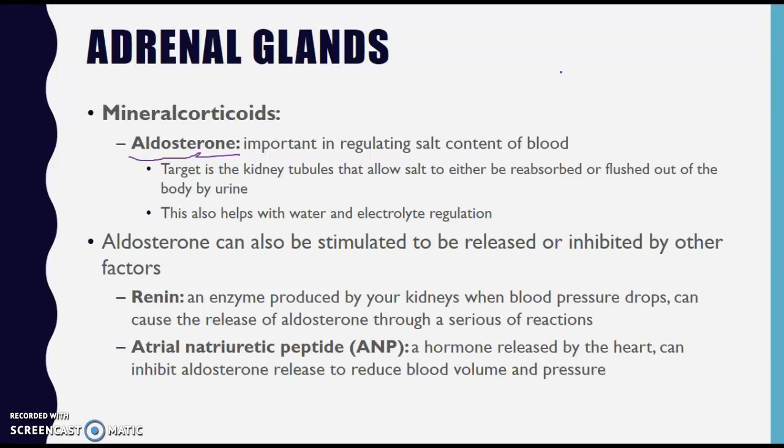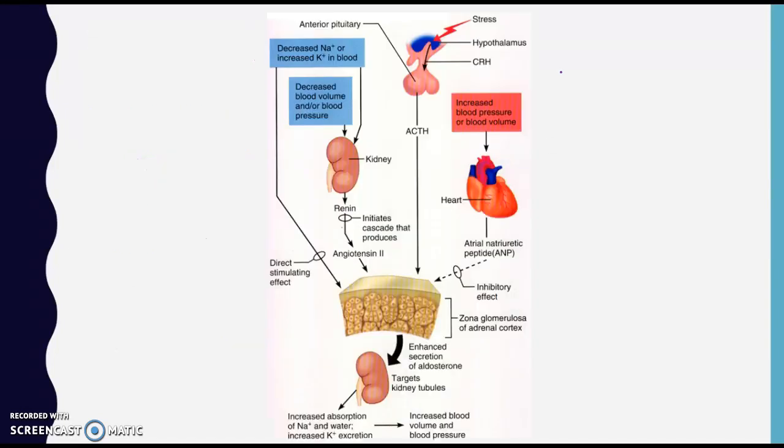If our blood pressure is too high, then there's a local hormone called ANP released from your heart, and this inhibits the release of aldosterone, so we're flushing out sodium, and this is going to reduce blood volume and pressure.